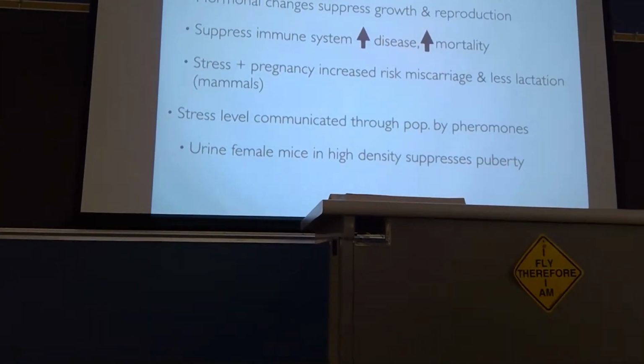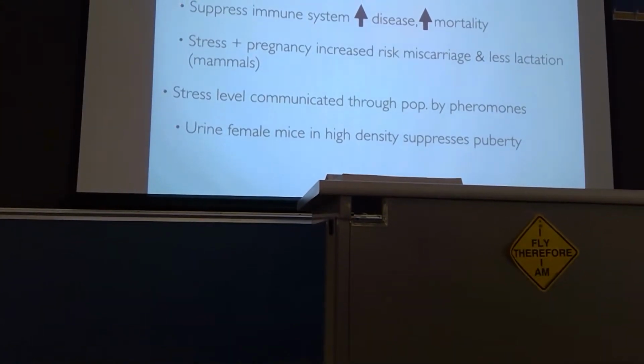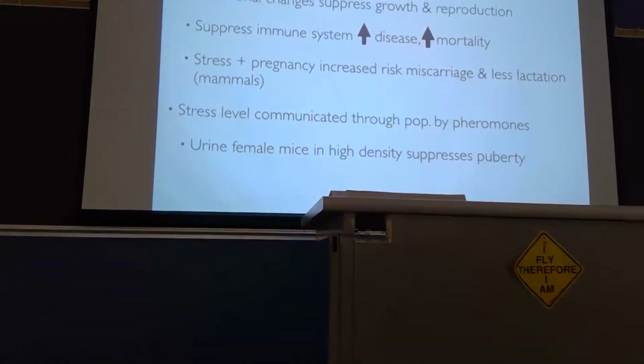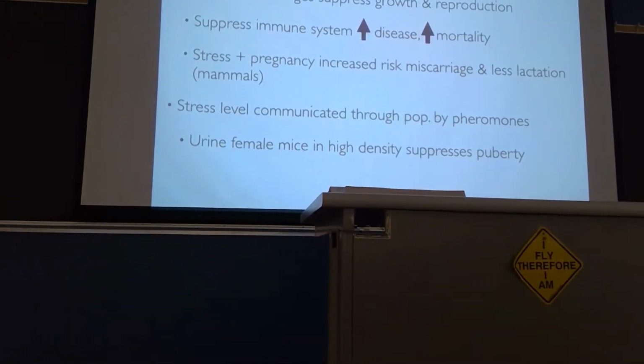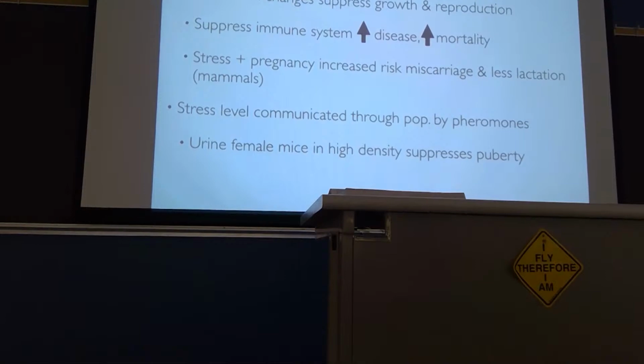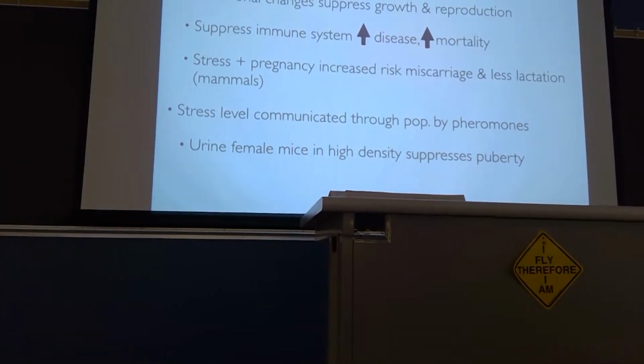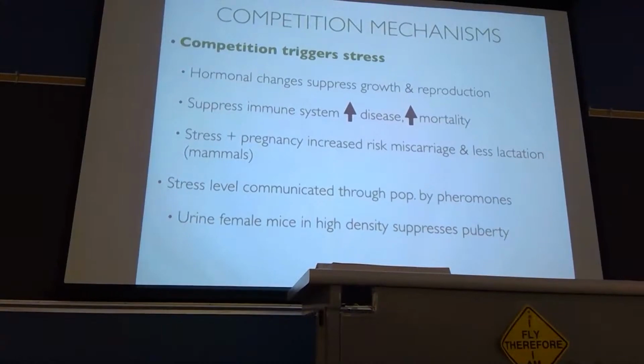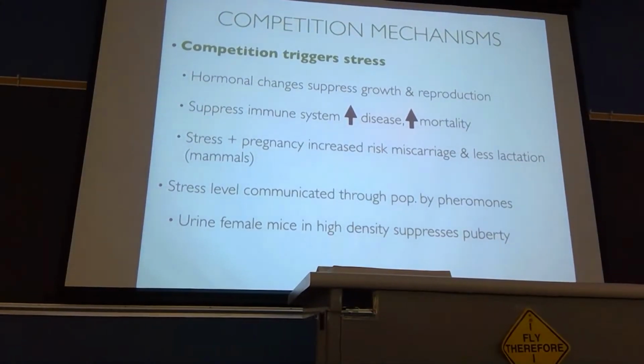Very often we see that stress during pregnancy leads to an increased rate of miscarriage and less lactation, particularly in mammals. And so in this way, competition can reduce reproductive effort and fecundity because it causes miscarriage, because it means that offspring are less likely to get the resources they need. The other thing that's very interesting is that both for plants and animals, we see that stress is communicated from individual to individual, oftentimes through pheromones.